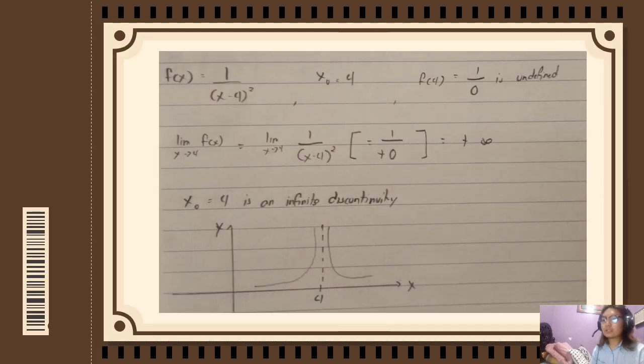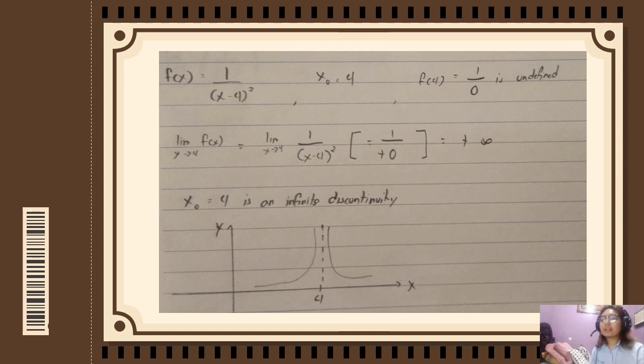Now the third one. f of x is equal to 1 over x minus 4 cubed. How do we get this? Let x be equal to 4.